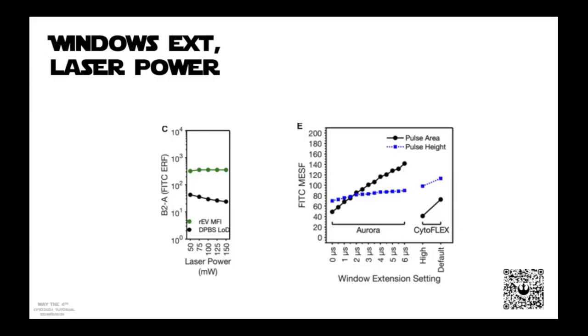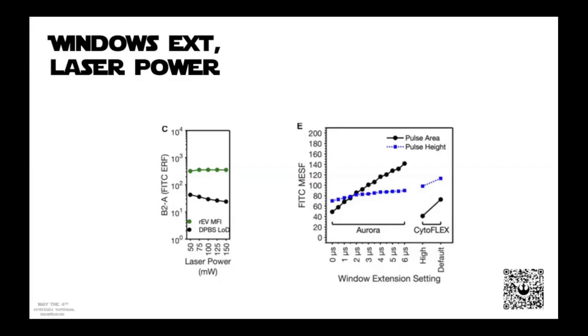So really, we should report all of our data using the area statistic, because it's less biased to outliers, especially when you approach the lower limit of detection. And what a lot of the earlier papers would recommend is to use height, because they didn't see this. What really wasn't addressed in a lot of those manuscripts is that they were still using the default window extensions, which tend to be a couple of microseconds, usually 5 to 10 microseconds.